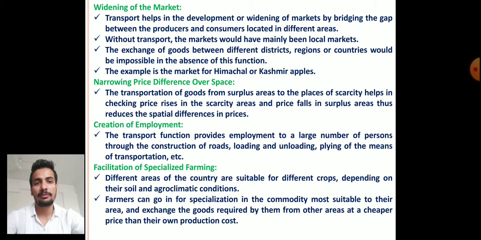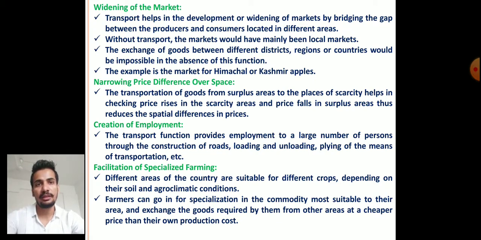So farmers can go in for specialized farming of apples and other fruit crops in that particular region, in the commodity which is most suitable to their area, and exchange the goods required by them from other areas at a cheaper price than their own production cost. So the transportation function facilitates specialized farming in that particular area.